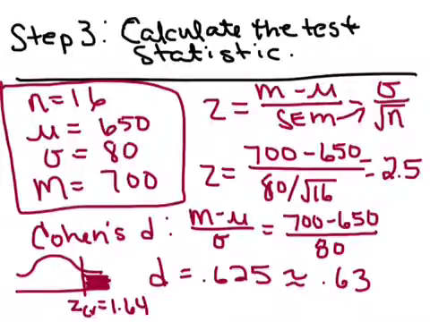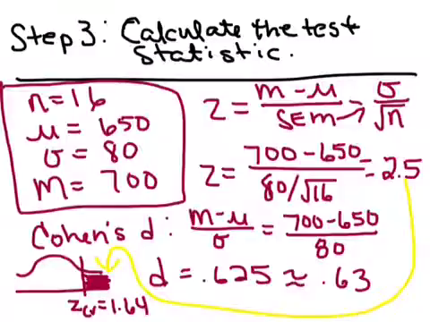Our Z obtained of 2.5 falls way over here, so it is significant. So now we need to find what the p-value is for 2.5.